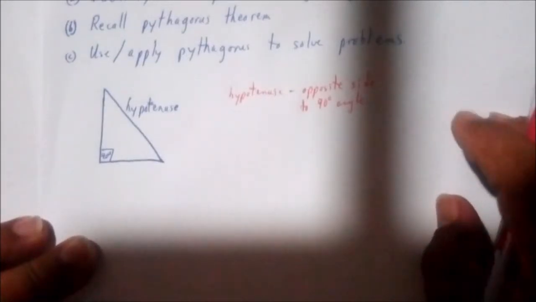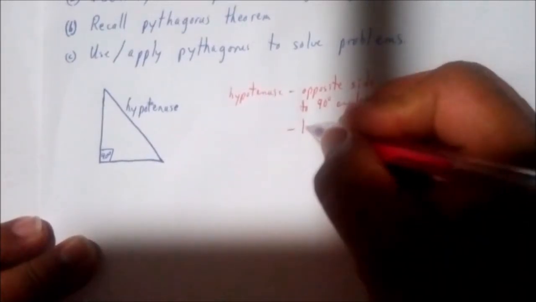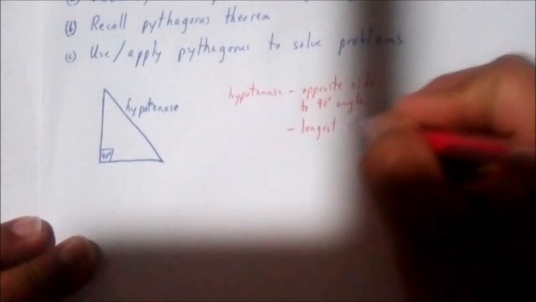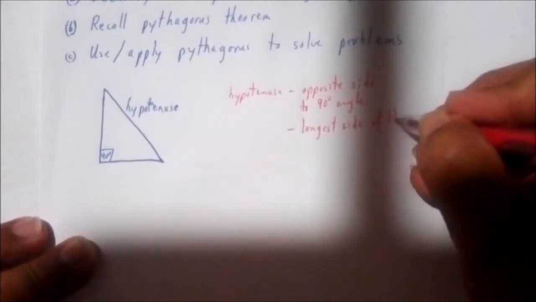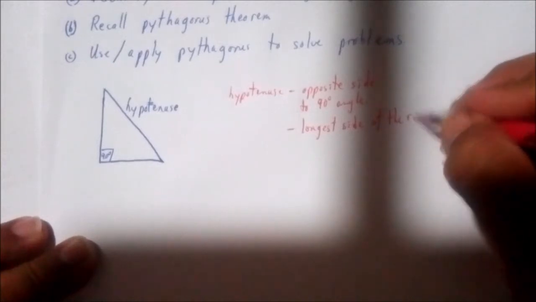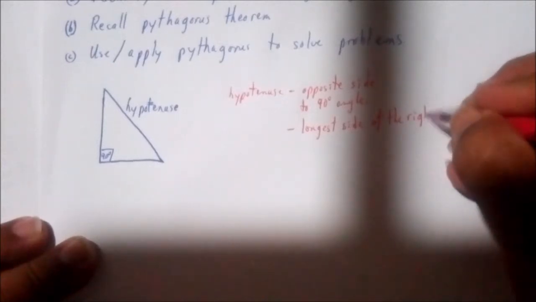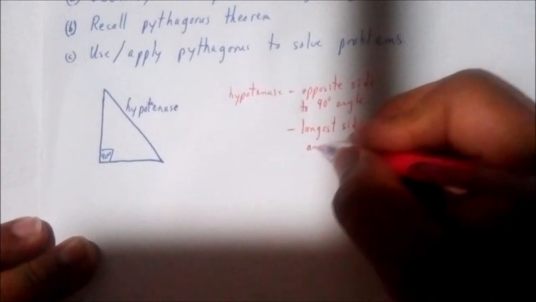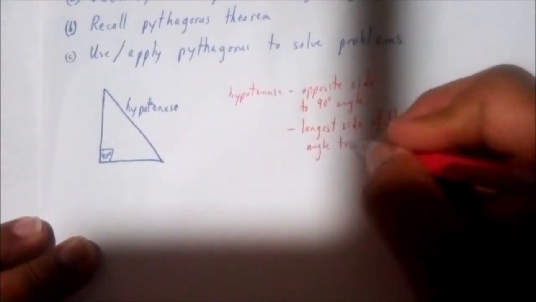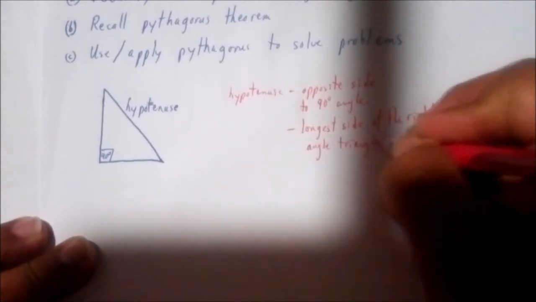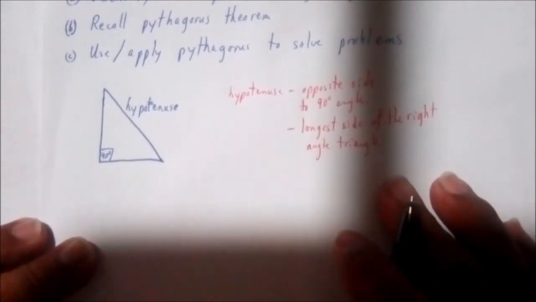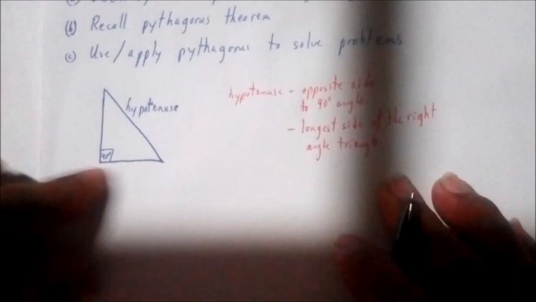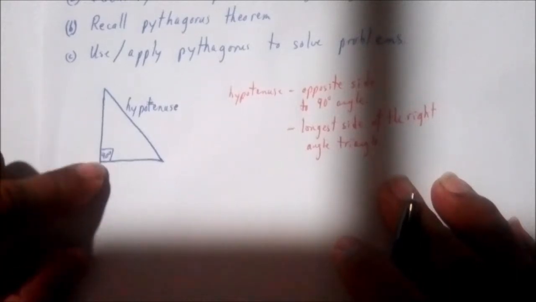Two, it is the longest side of the right angle triangle. Okay, so those are two key points on how to identify the hypotenuse. It is the longest side and it is opposite to the 90 degrees.